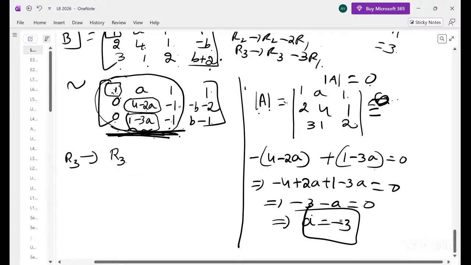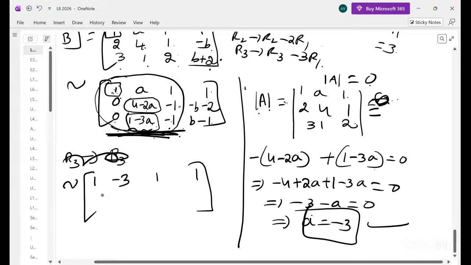So I have expanded and got A. Now I will substitute here. If A is this, then what will be this? 1, minus 3, 1, 1. 0, A is minus 3, so this is 6, 6 plus 4 becomes 10, minus 1. This is minus B minus 2. Here, 0, A is minus 3, so it will be 9.